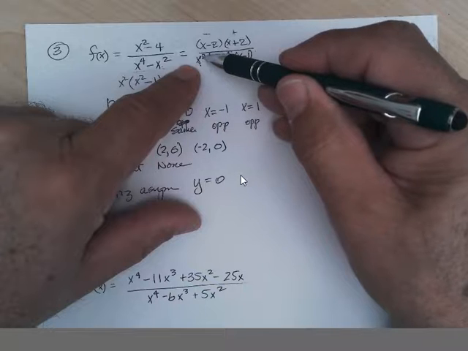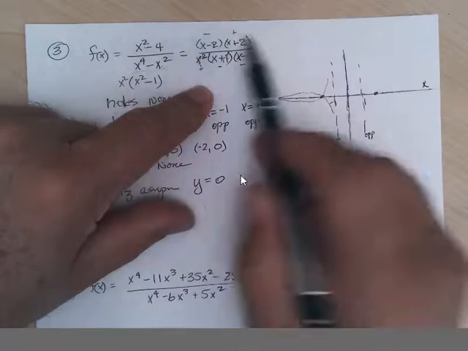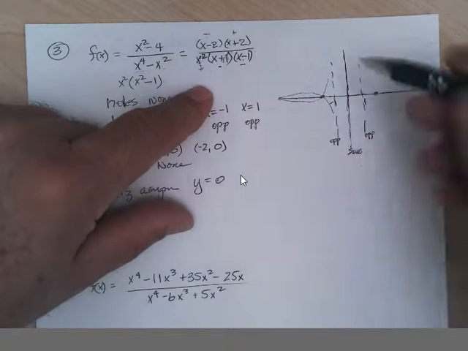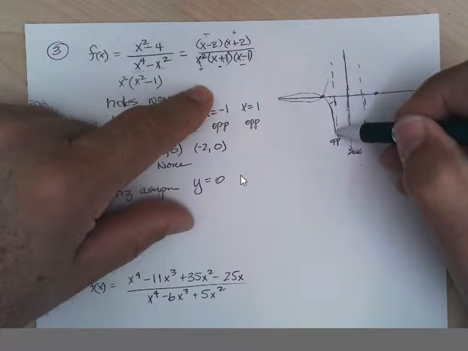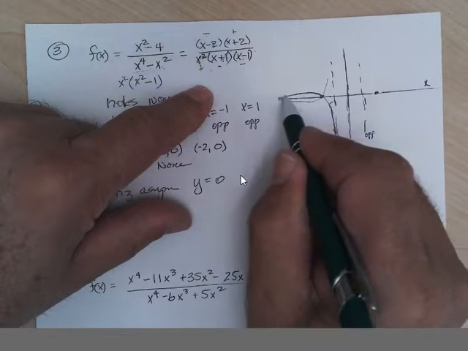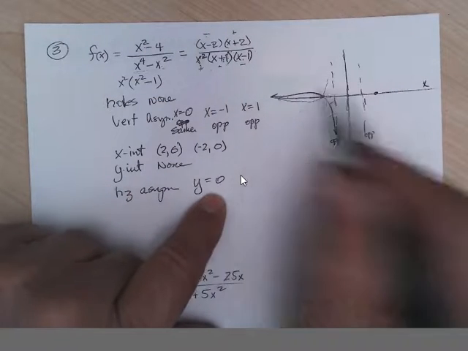And negative 1.5 squared would be positive. So I get a negative numerator and a positive denominator, which means the fraction's negative here. So it must be headed down there, come up, and then get closer and closer to this horizontal asymptote of y equals 0.